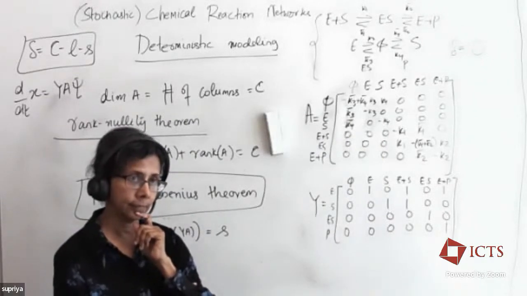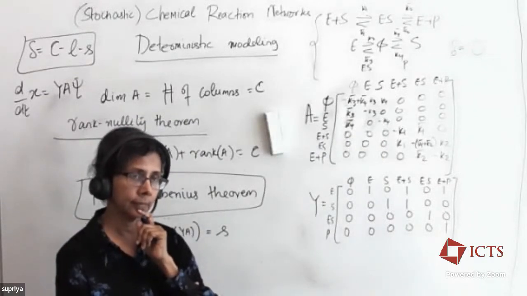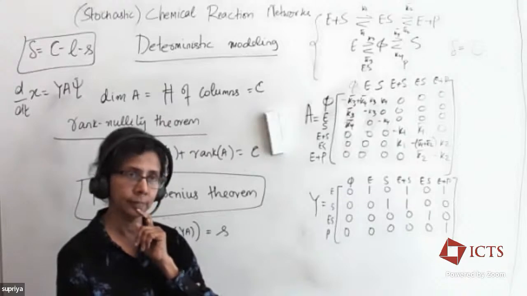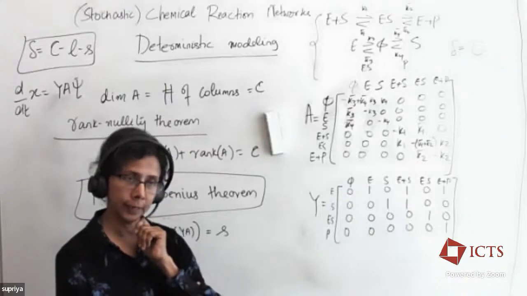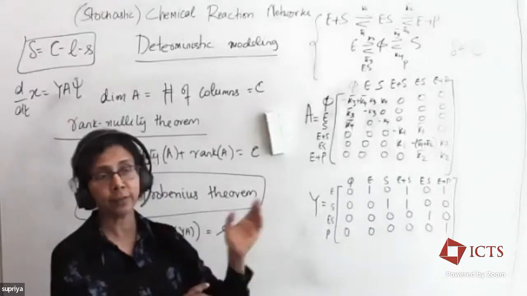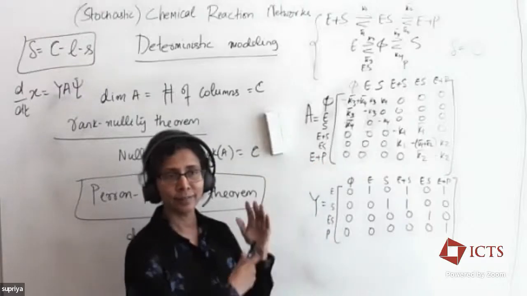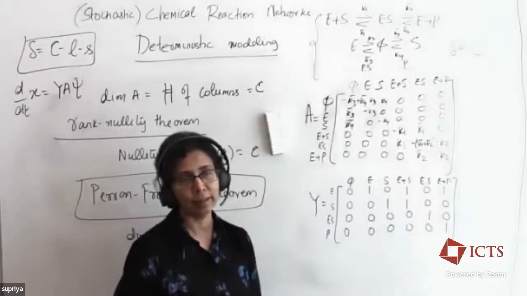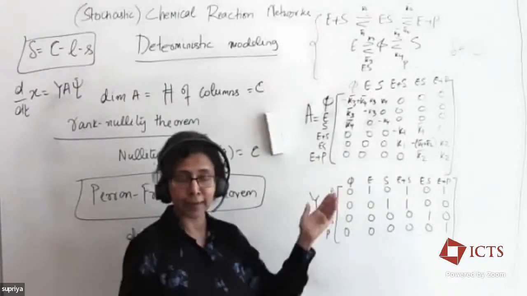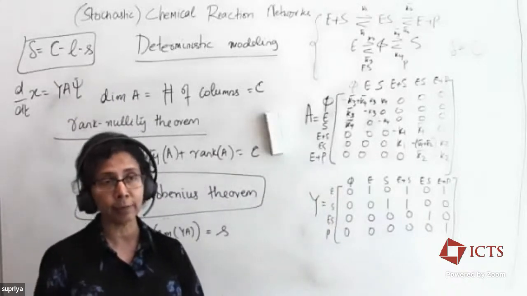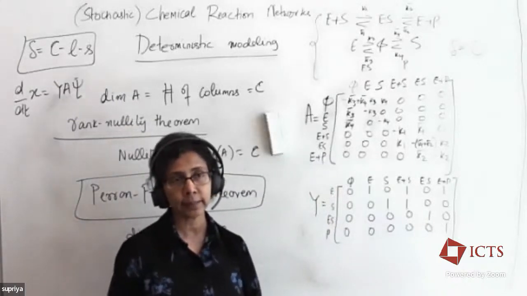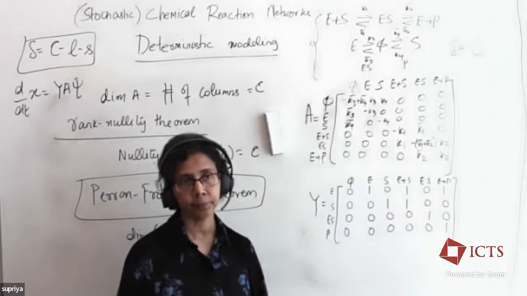So if the deficiency is not 0, then this 0 eigenvector is not going to give you the fixed point. Every reaction network is going to have an A matrix like that. It's always going to have some kind of 0 eigenvector, but it's not going to give me psi.